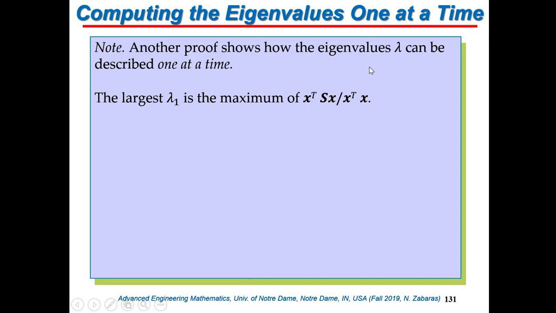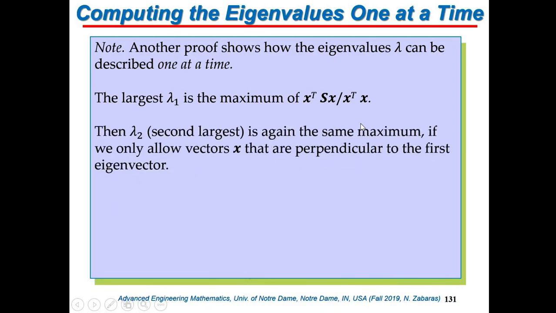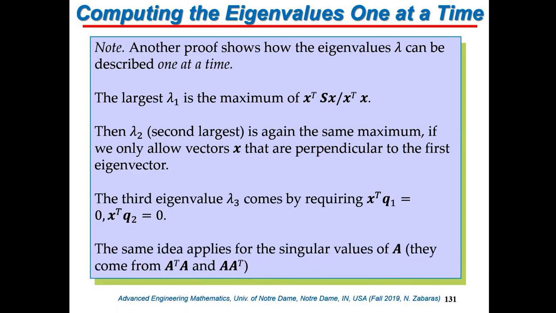The question is, how do you get the second largest eigenvalue and the corresponding eigenvector? Well, you continue maximizing x transpose A x over x transpose x. The only thing you have to add to the optimization is the constraint that the new eigenvector has to be orthogonal to the eigenvector corresponding to lambda 1 that you just computed. And then you keep going like this until you have computed the eigenvalues and eigenvectors of interest.